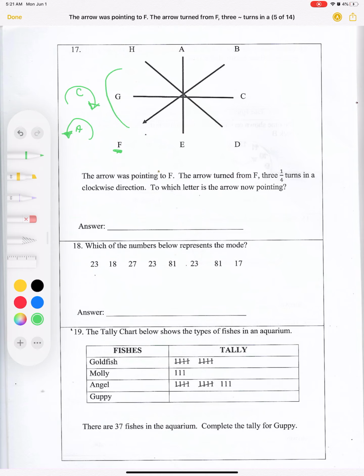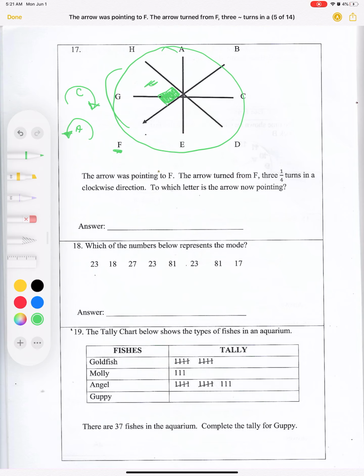Great. Quarter turns. This is our first quarter turn here. From F to G to H. First quarter turn, 90 degrees. Now just remember as well, the whole is a revolution. This is the whole here. And if I had to divide this in 4 equal parts, 2 sections would make 1 quarter.